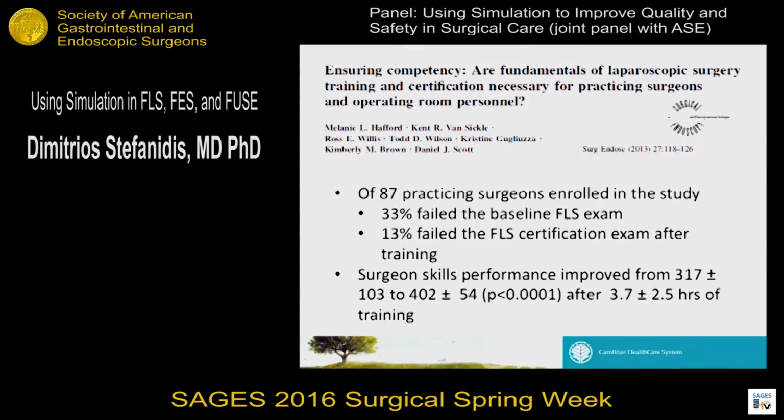Even 13% failed the FLS certification exam after some training, which wasn't that long, but nevertheless, it's still important. Within the study performed by one institution, Amy's institution, there was some improvement in performance demonstrated even after a few hours of training.